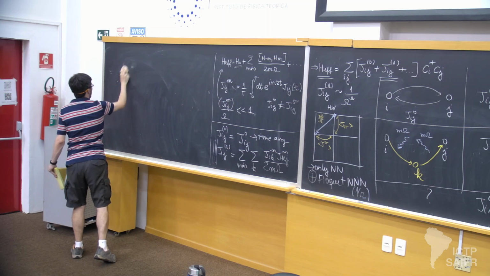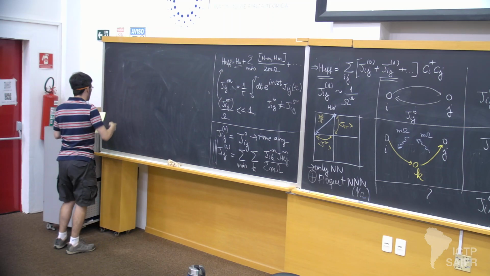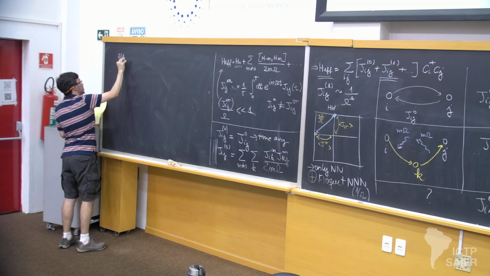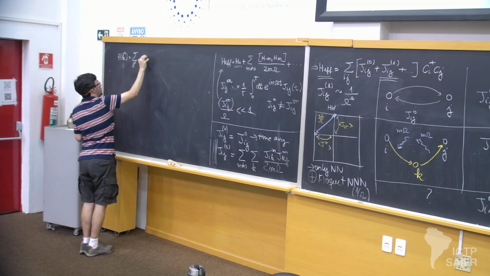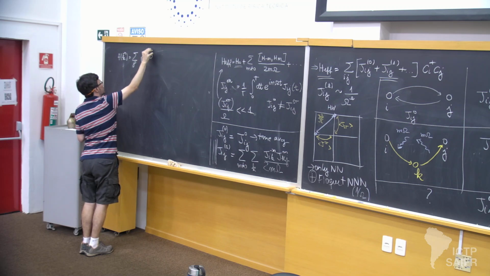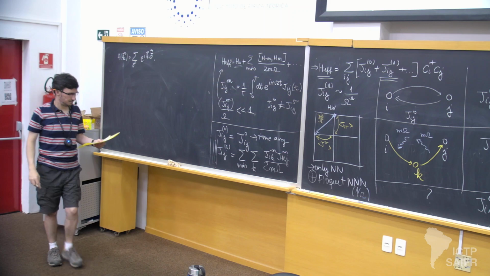It has the following form: f of k is the sum over delta of e to the i k dot delta. It depends on delta, and it's summed over delta.